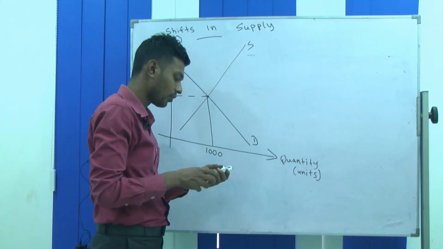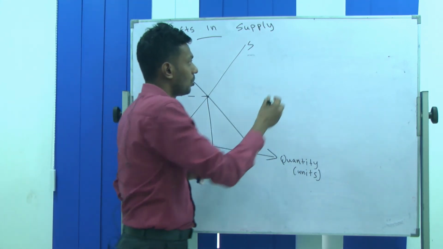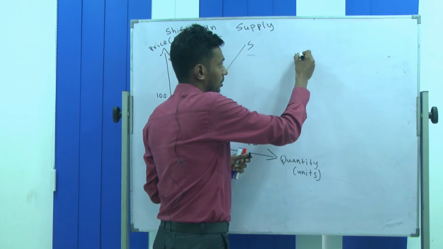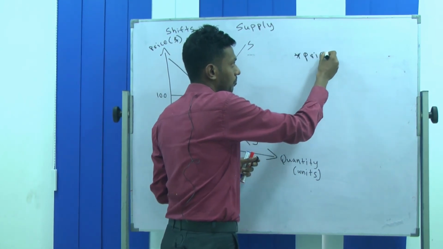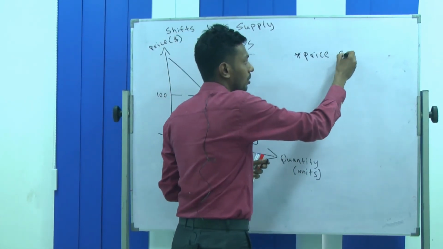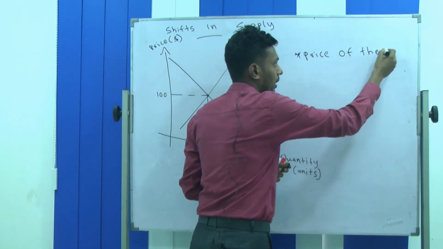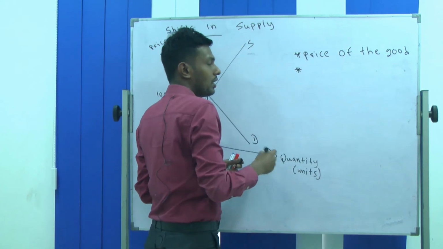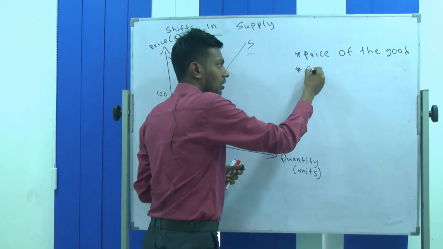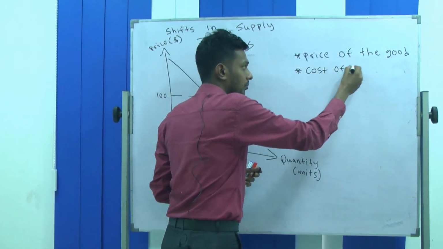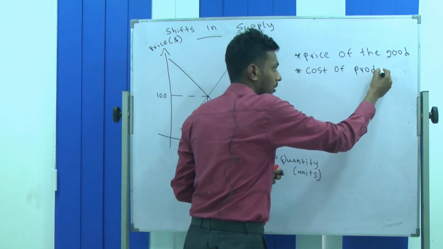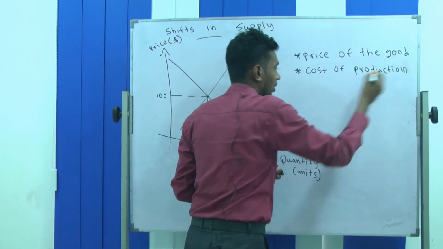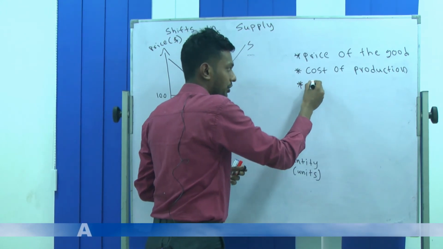We know the supply determinants. When a producer supplies a particular good, he will look into the price of the good. Second one, cost of production, which we talked about earlier. And technology.